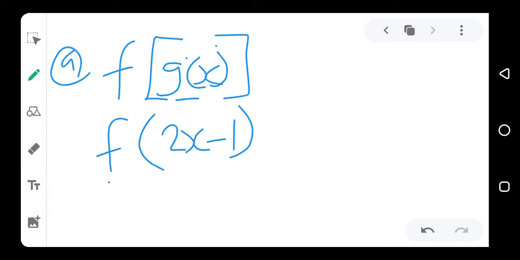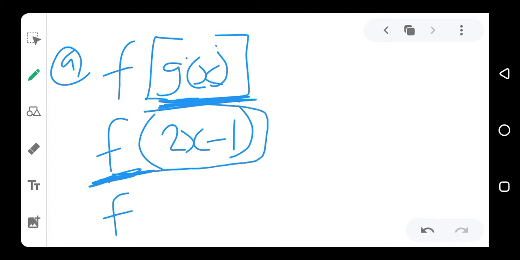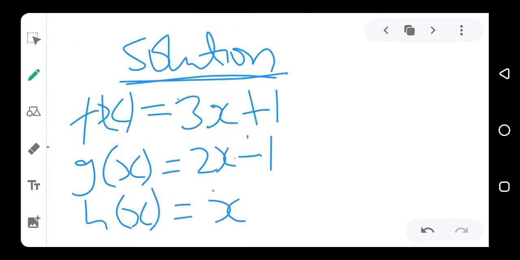Now this value for g of x is going to represent x in this second function. This whole thing is going to represent any value of x we see in f of x. f of x is 3x plus 1, and we have g of x as this. So we put this value for g of x to represent this x.